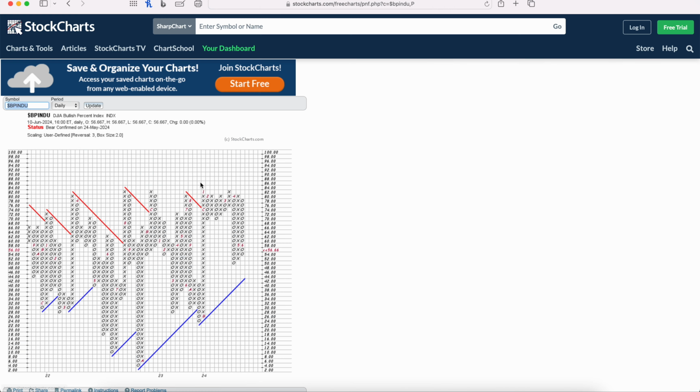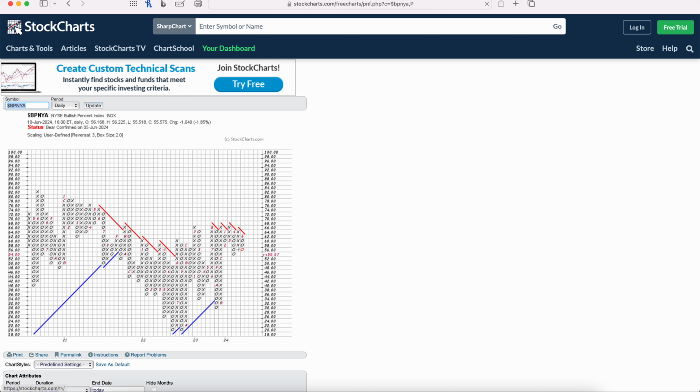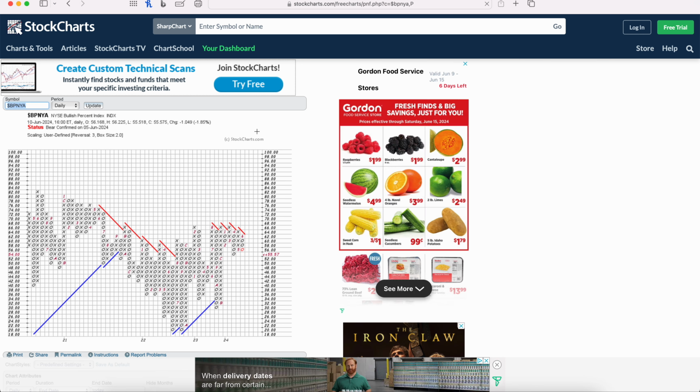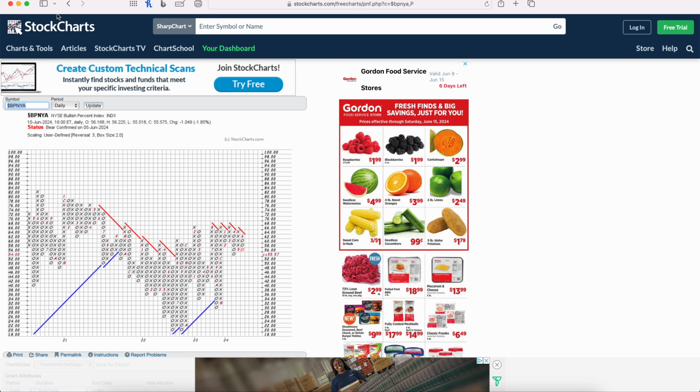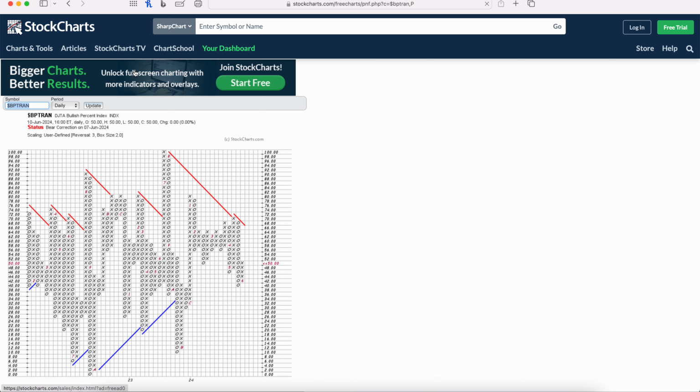So the Dow didn't move today. The NYA moved down 1.85% and added on a new O to the downside. The transportation index didn't move.